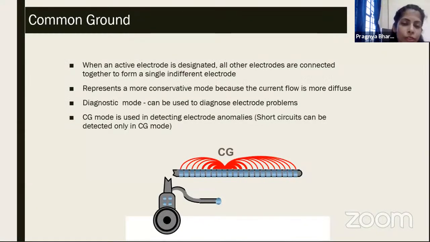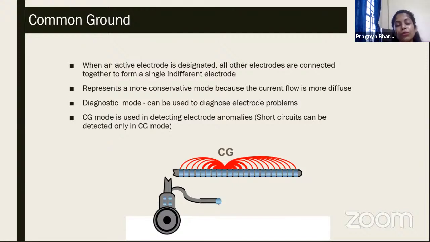And then we have the common ground mode of stimulation, which is not something that is very practically used for speech stimulation as such. In common ground mode of stimulation, there is one active intracochlear electrode, and all the rest of the intracochlear electrodes act as a common ground. This mode of stimulation is usually used as a diagnostic mode in implant telemetry or impedance measurements.